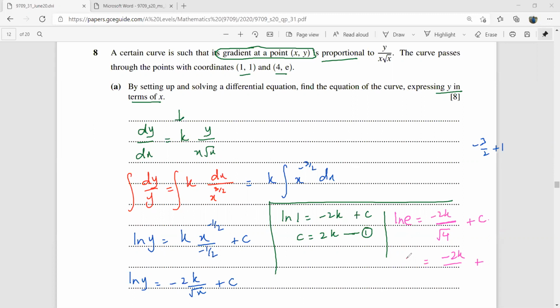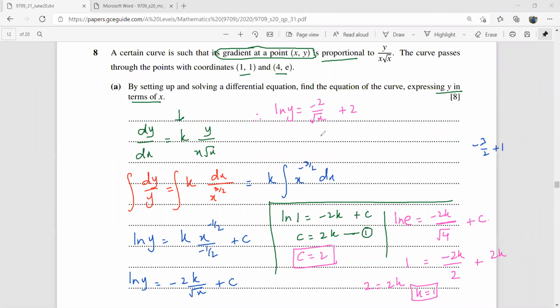So this is going to be 1, this is going to be 2, and this is going to be 2k. So we have 4k minus 2k equal to 2. So 2 is equal to 2k, so your k is 1. When your k is 1, then your c is 2. Therefore, your equation is now ln y is equal to minus 2 over under root x plus 2.